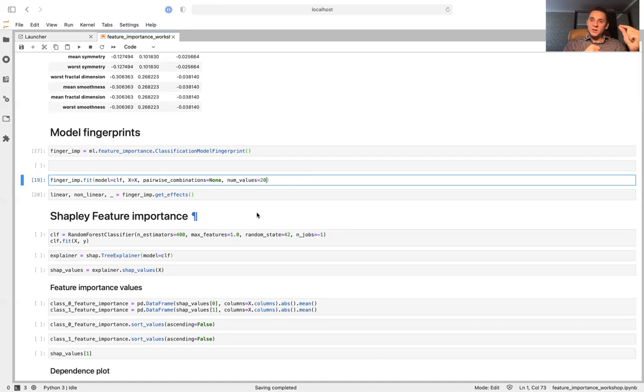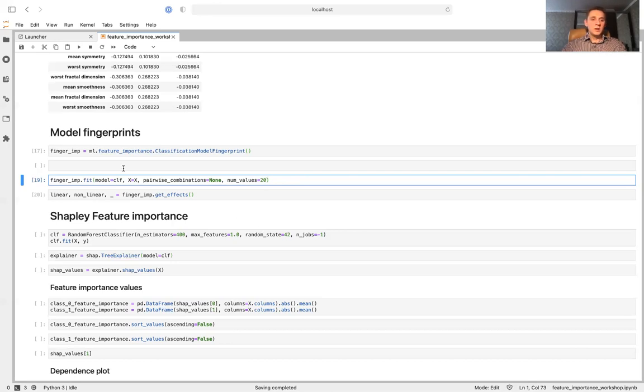Instead of using each value, you can go with some kind of step, like a quantile. In this case, number of values means that you will take every 20th value of your feature to test for your model fingerprint. And it is quite a good parameter, because you decrease the number of computations massively, but usually the performance and the results of your algorithm don't change that much.